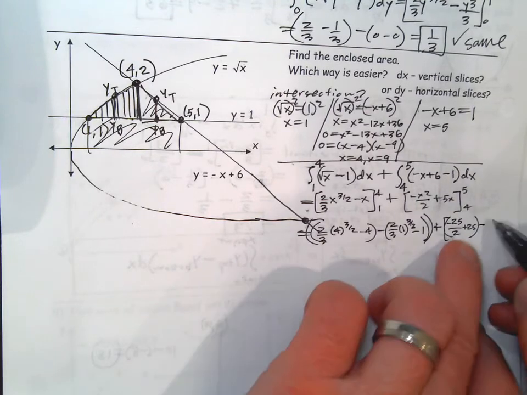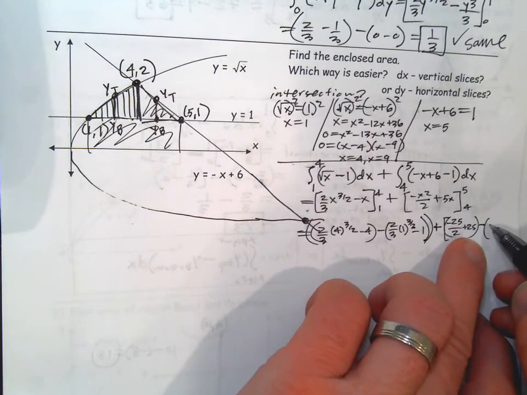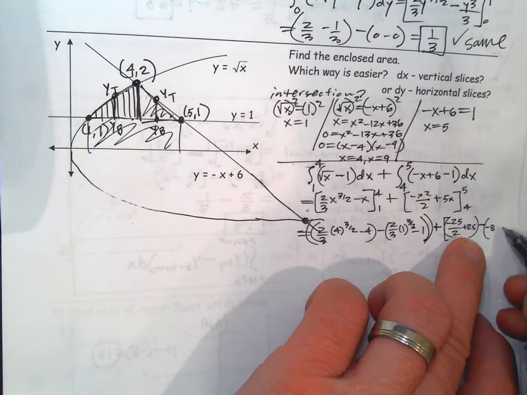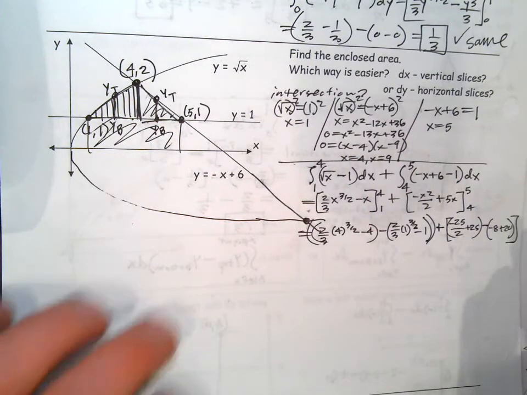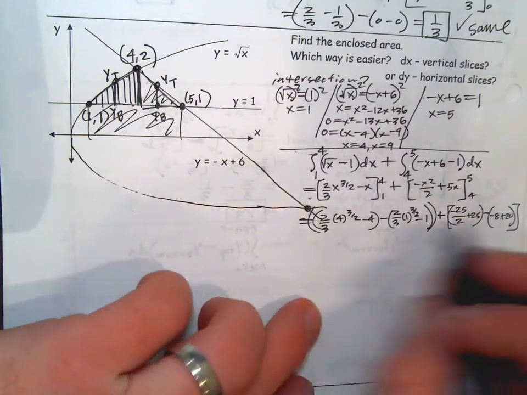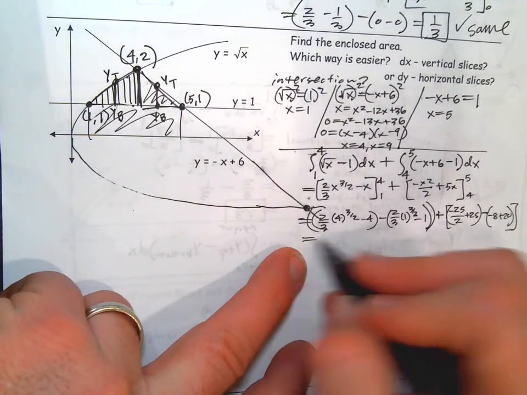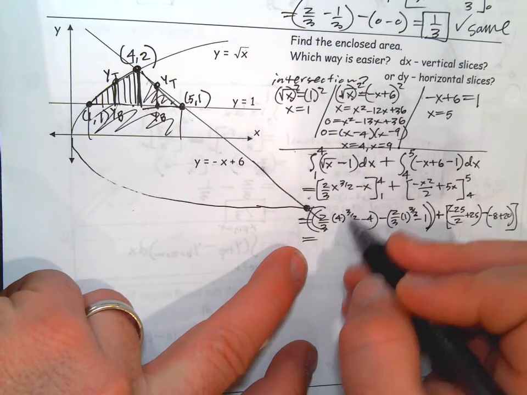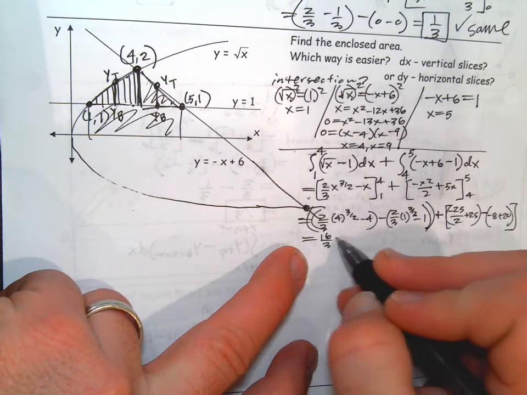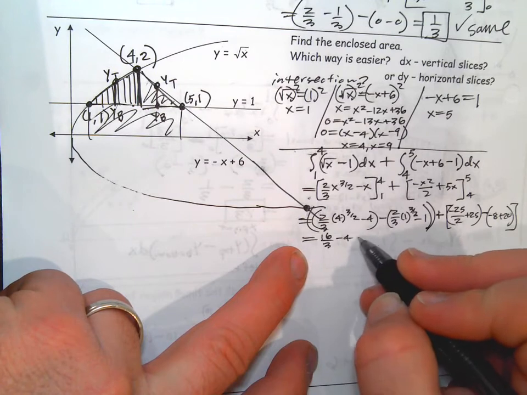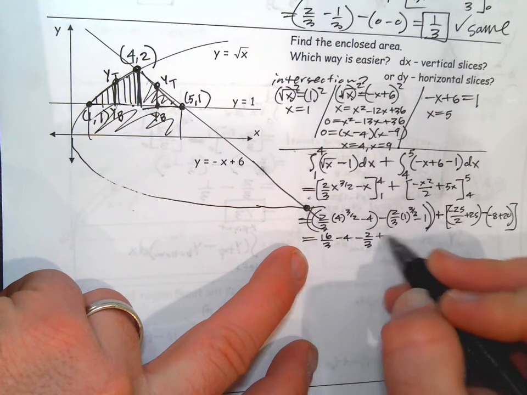Minus, plug 4 in, you get negative 16 over 2, which is negative 8, plus 20. Bit tedious. We're going to try it with a horizontal slice in a second and see if there's any benefit to it. Square root of 4 is 2, cubed is 8. This is 16/3 minus 4 minus 2/3 plus 1.